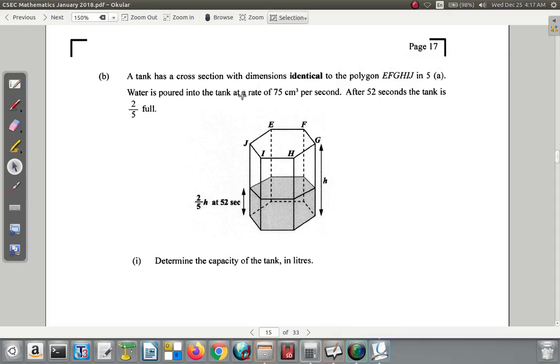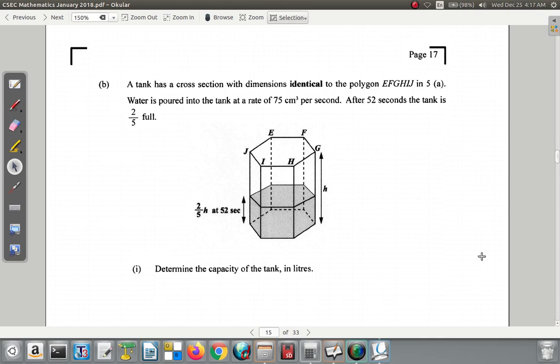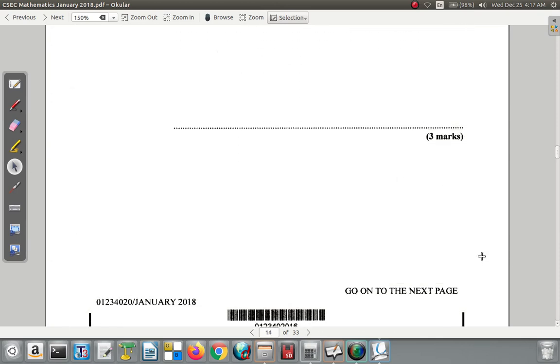Question 5b. It says a tank has a cross section with dimensions identical to the polygon EFGHIJ in the figure in part 5a. So let us just take a glance back up.